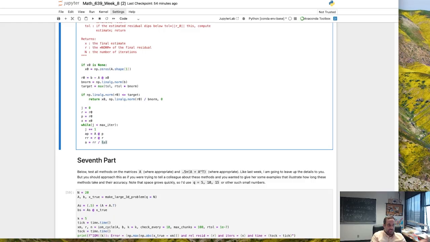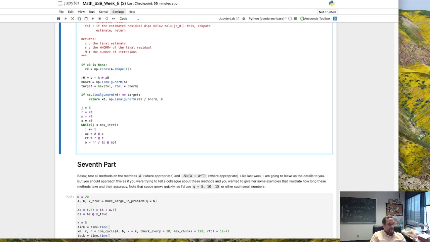P is the current value of P, and APJ is just AP. Now I could have written A at P again, but that would compute the same product, and I don't want to do that. A is a big matrix. It's a sparse matrix, but it's a big matrix, so I only want to do that computation once. So I'm going to divide this by P at AP.